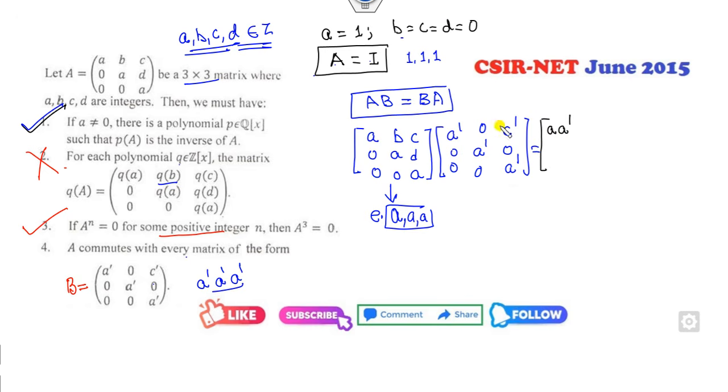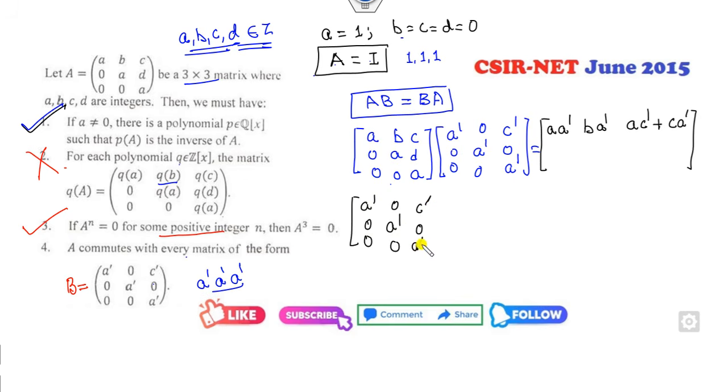A into A dash. Then B into A dash. Then A into C dash plus C into A dash. I can check for the second matrix. If I write B into A, so B will be A dash 0, 0, 0, A dash 0, C dash 0, A dash. If you multiply them with B, A 0, A, D, C.